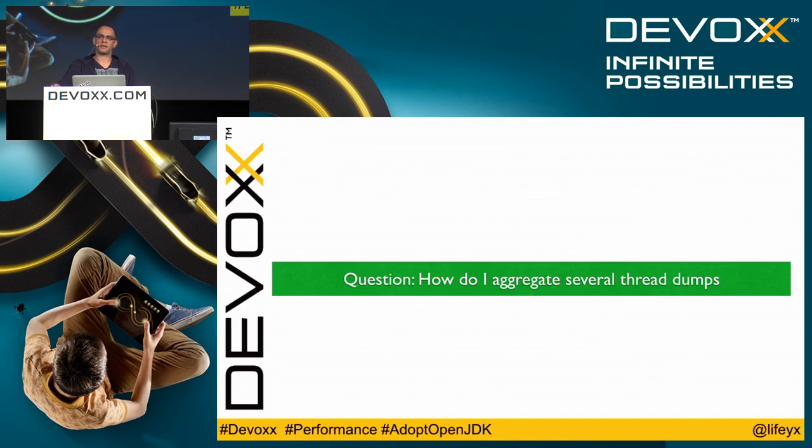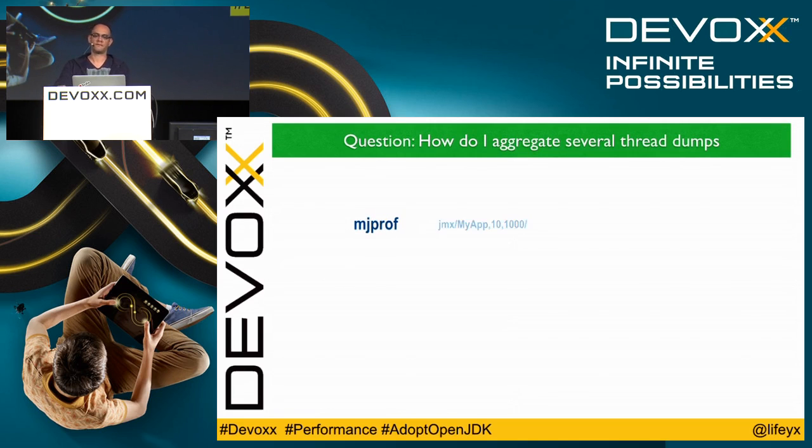In addition to that, mjprof consumes all the thread dumps you're giving it. You're not bounded to a single thread dump. You can take several of them, and it can actually do it for you. The following example is running a JMX monad, which connects to a process and grabs a thread dump using JMX, but it does it 10 times in a row and sleeps 1 second between the samples.